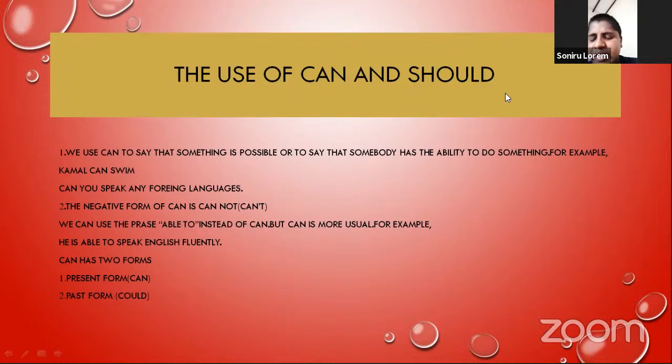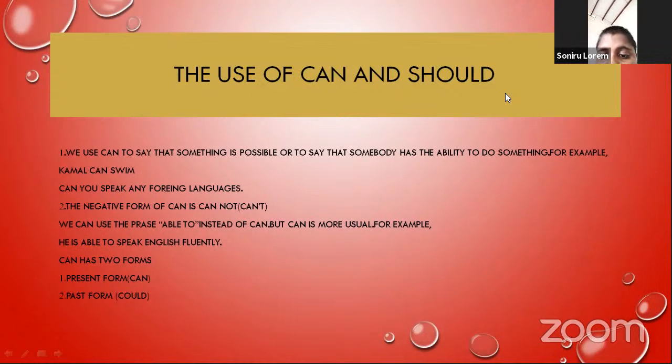We can use the contracted form to write it: can, apostrophe, t. And if we are told to write it in non-contracted form, we need to use C-A-N-N-O-T, cannot. It's the negative form of the auxiliary verb can.